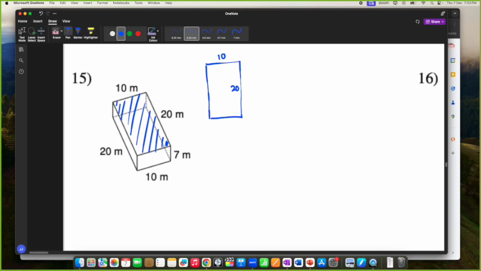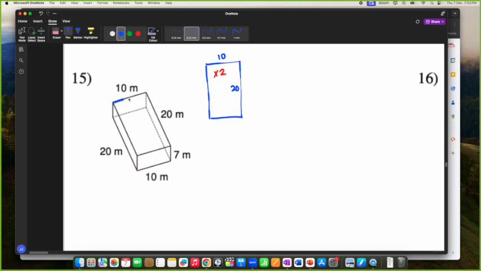But I have another one just like it at the bottom over here. So I have two of these. So this area will be times 2, right? All right, no problem. So I have 2 of those.